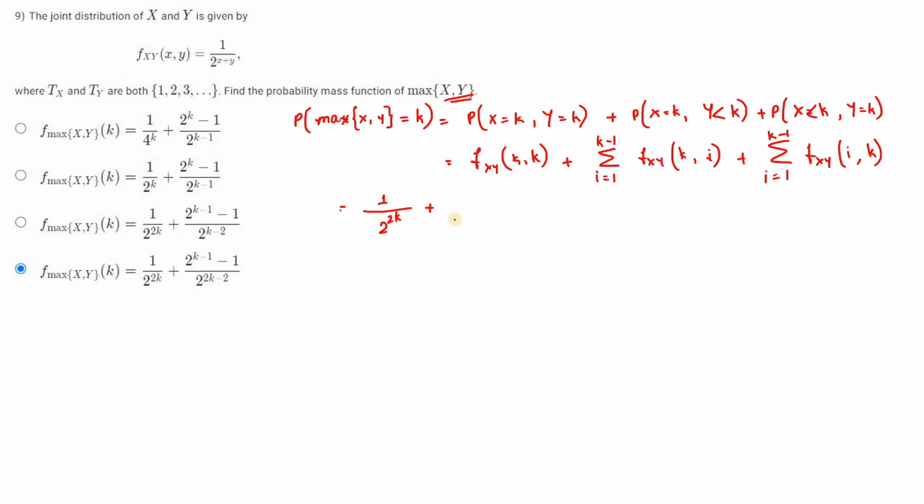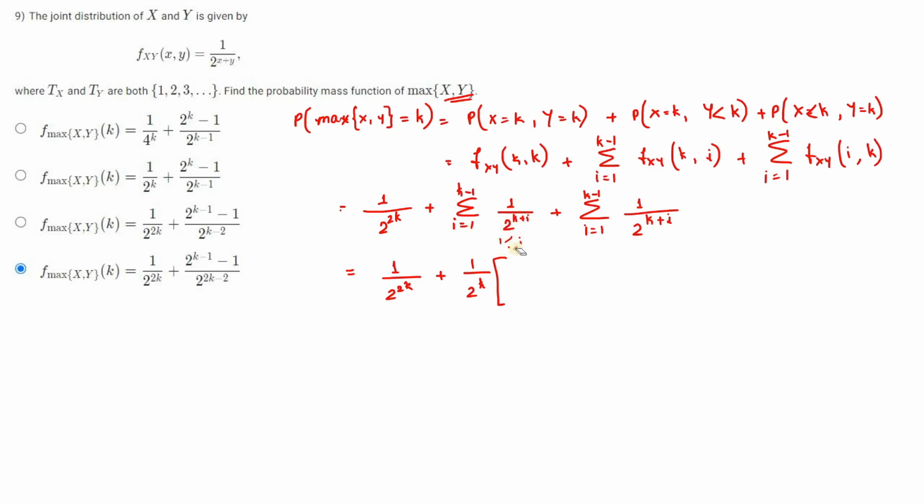sigma i is equal to 1 to k minus 1 of 1 divided by 2 to the power of k plus i, plus sigma of i is equal to 1 to k minus 1 of 1 divided by 2 to the power of k plus i, and now that is equal to 1 divided by 2 to the power of 2k plus, and I'll take 2 to the power of k outside, 1 over 2 to the power of k into summation, and what is remaining, so this is split up into 2 to the power of k into 2 to the power of i, right?